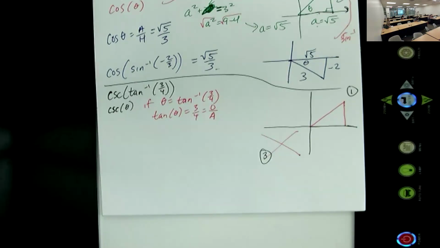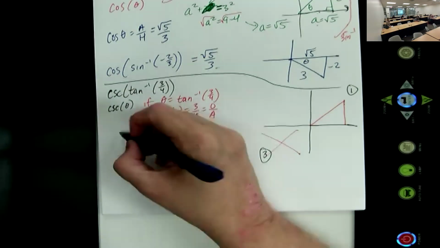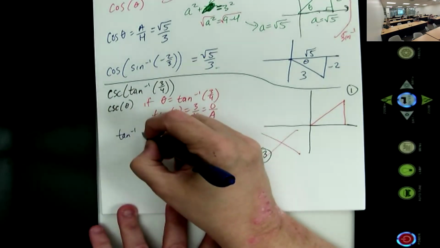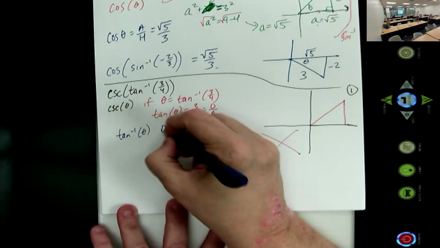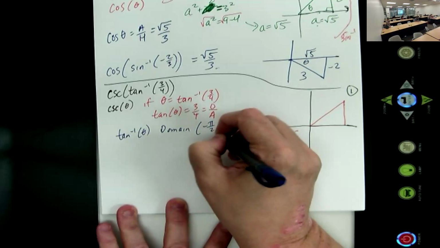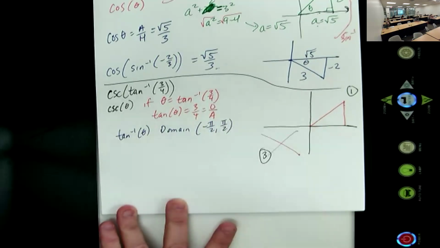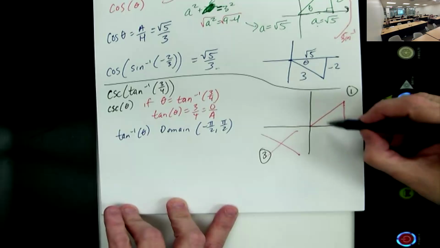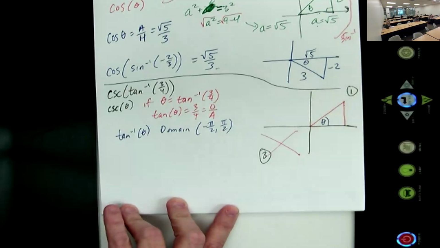Does that make sense? Does that line up with what we said about tangent? Tangent inverse's domain was -pi/2 to pi/2. And if that's our theta right there, we are in that range.